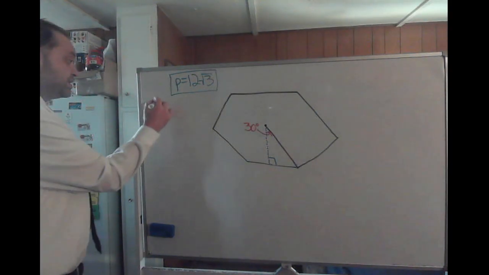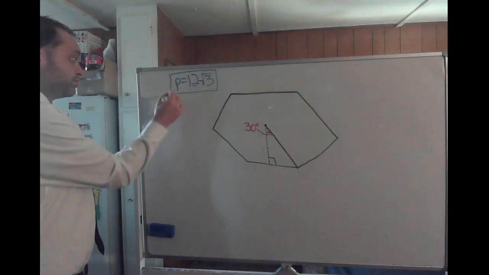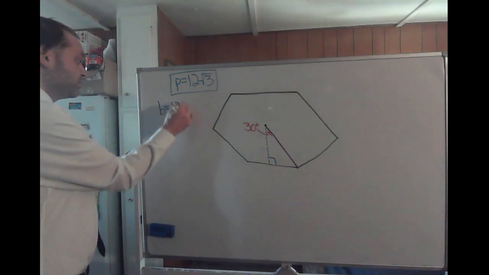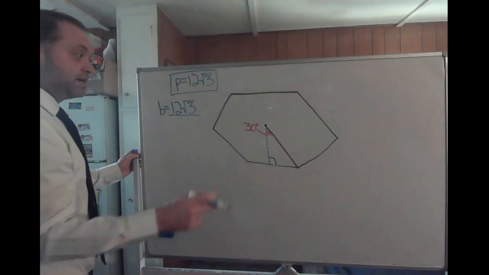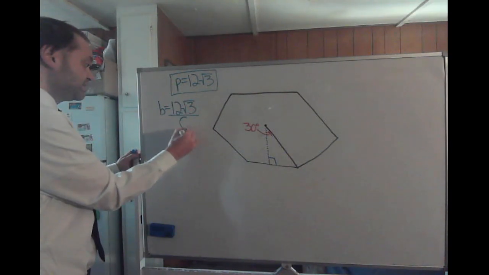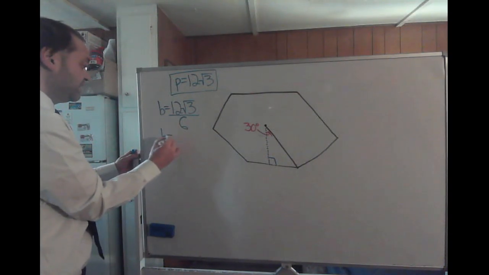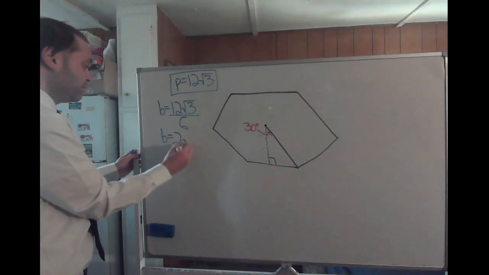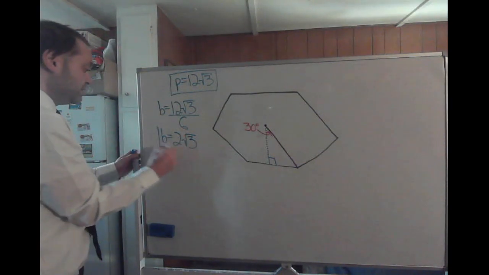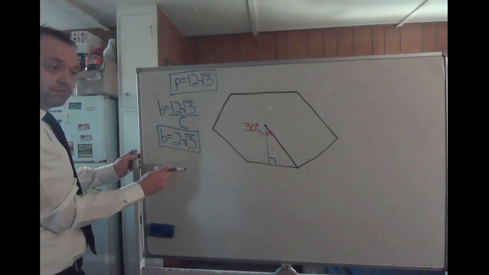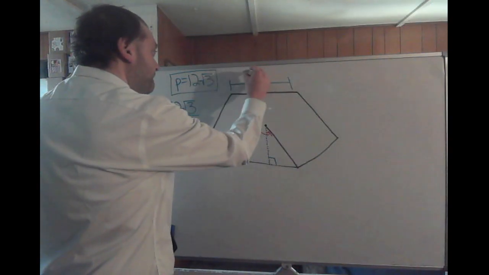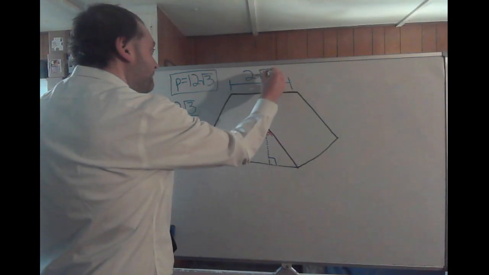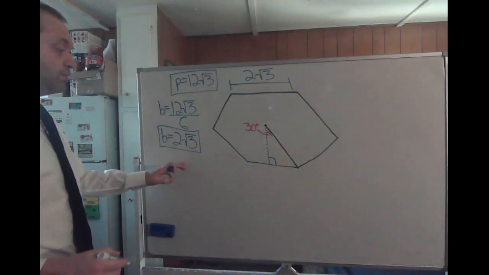To find the length of a base, you're just going to take that perimeter, which is 12 times the square root of 3, divide it by the number of sides this polygon has, which in this case is 6, you would get that the length of a base is 2 times the square root of 3. So that's easy. Length of the base is 2 times the square root of 3. Alright, so that wasn't so bad.